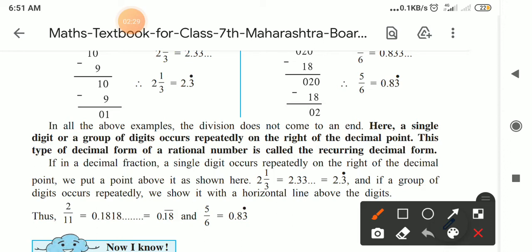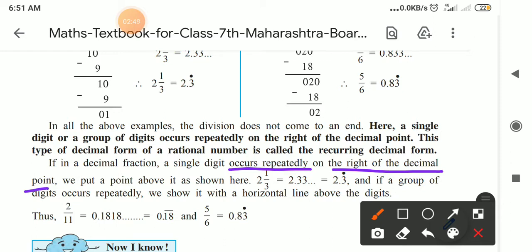And this type of decimal form of a rational number is called a recurring decimal.